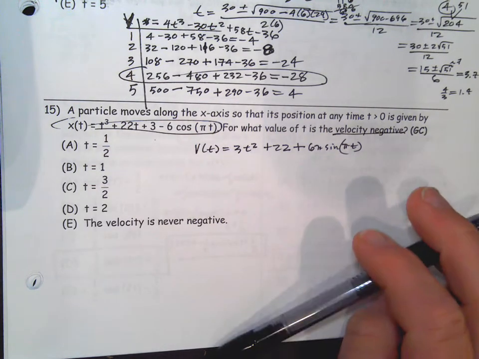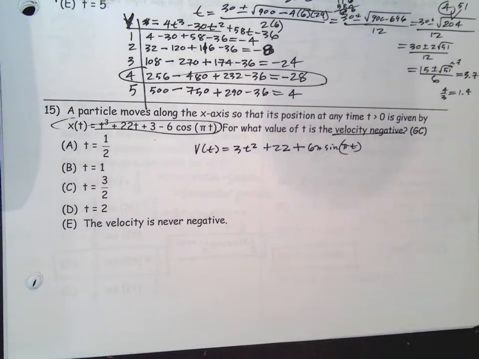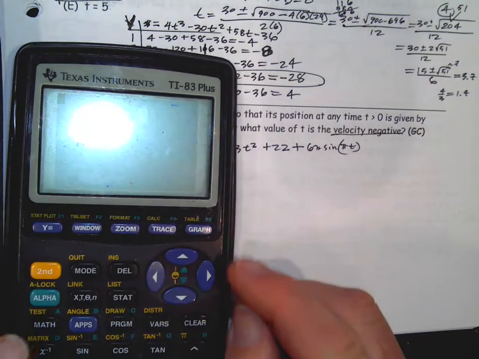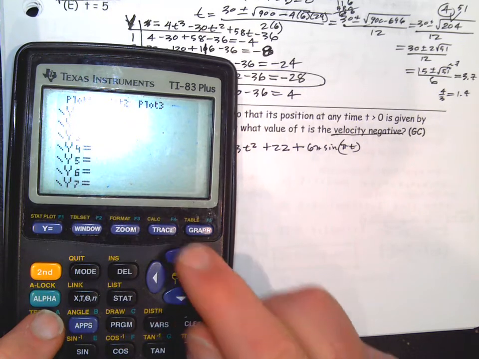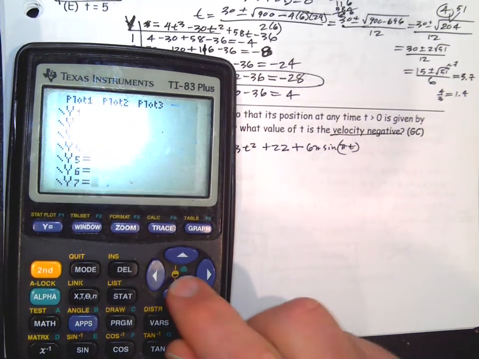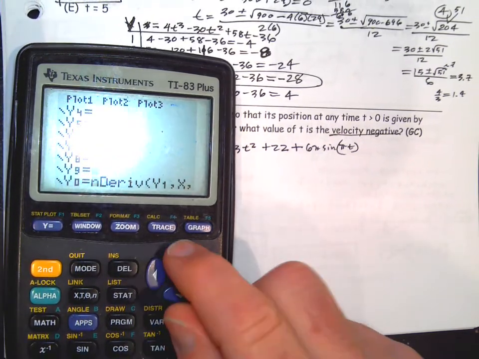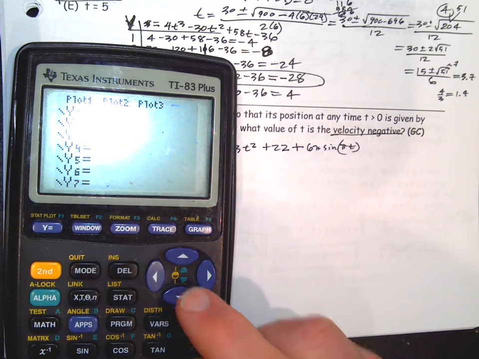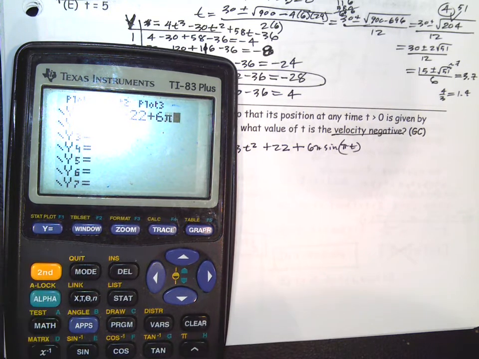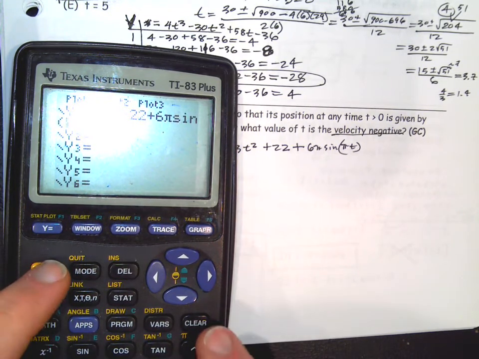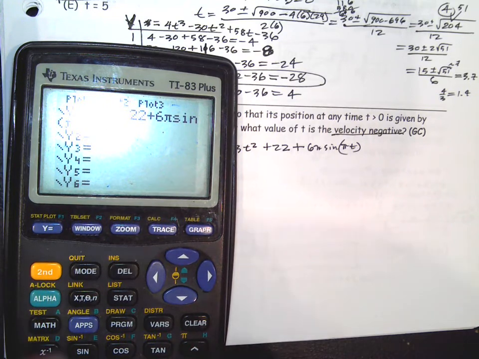So on the graphing calculator, let's just graph this and say, for what value of t is it negative? I mean, you could just plug each one in and see if you get a negative answer. Okay, 3t squared plus 22 plus 6 pi sine pi x.